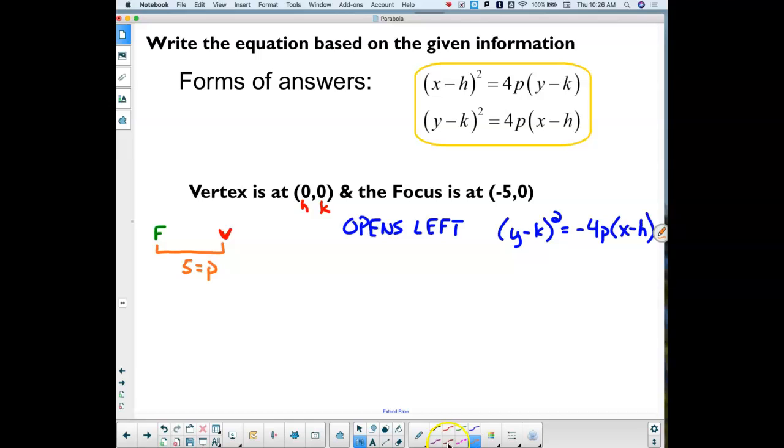So when it's all said and done, y minus 0 is just y squared. 4 times 5 is 20, so this is negative 20. X minus 0 is just x.